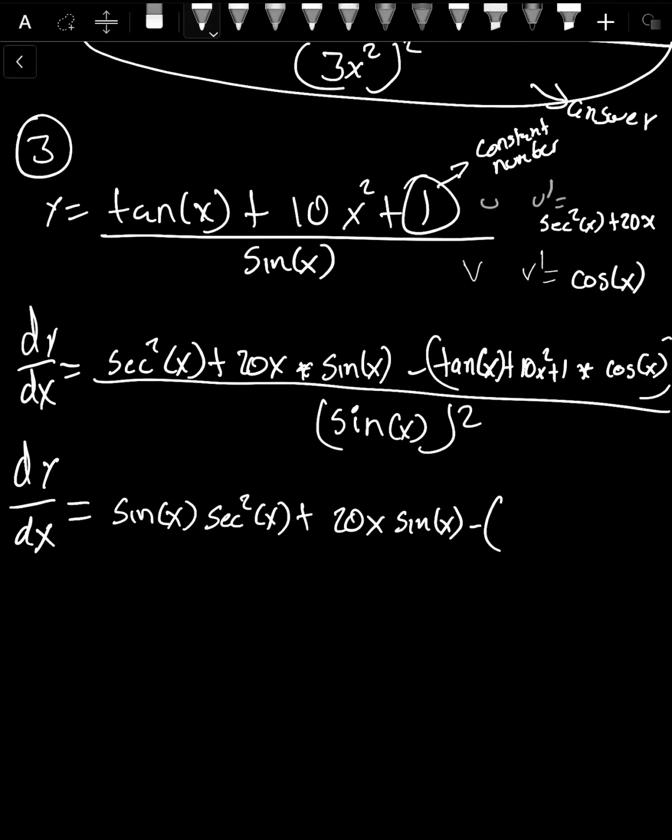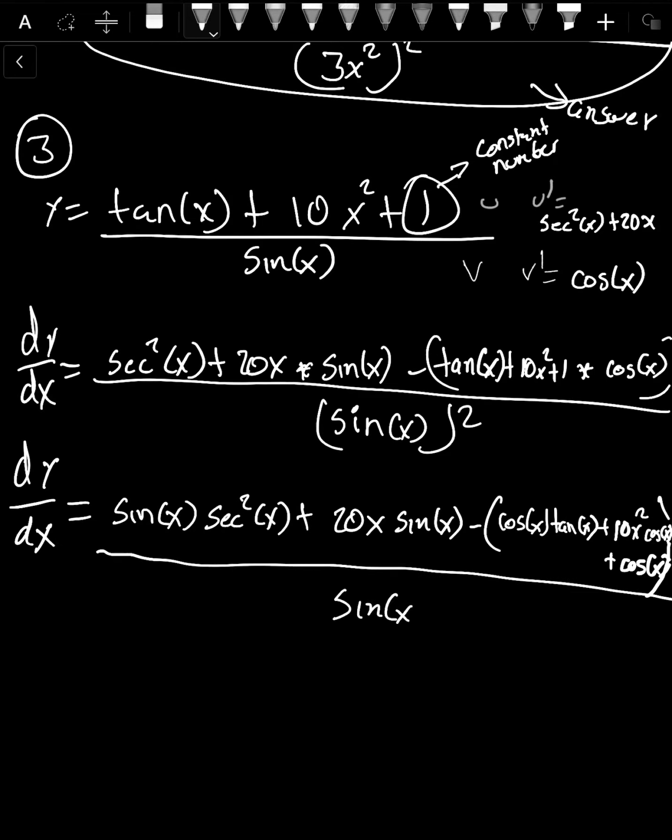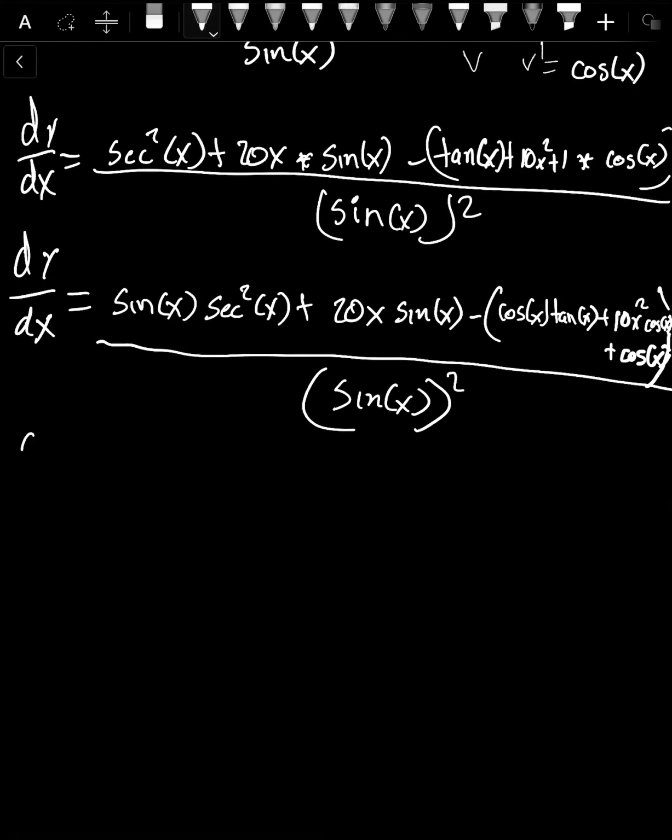Minus, and let's take care of whatever is inside the parentheses first of this second term, which is cosine of x times tangent x, which is going to be cosine of x tangent x, plus 10x squared cosine of x, and let's put it right here on the bottom, plus cosine of x, all these in parentheses, and divided by sine of x squared.